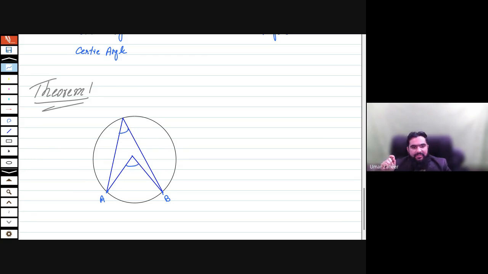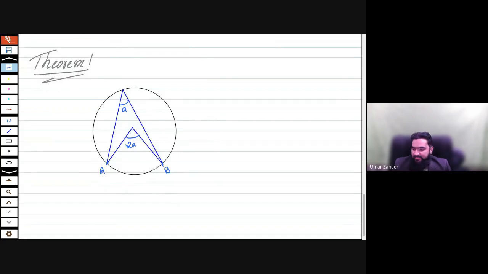The relation between these two angles is that the central angle is going to be twice the circumference angle, or in other words, the circumference angle is going to be half of the central angle.